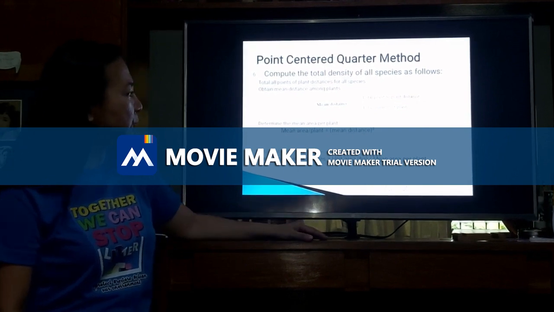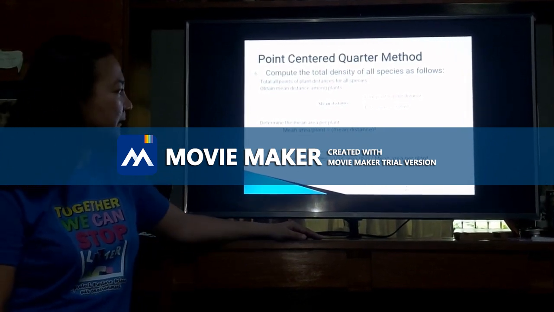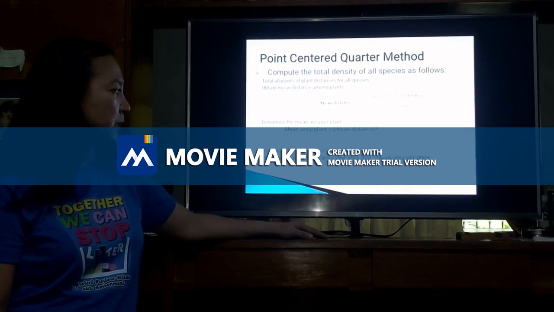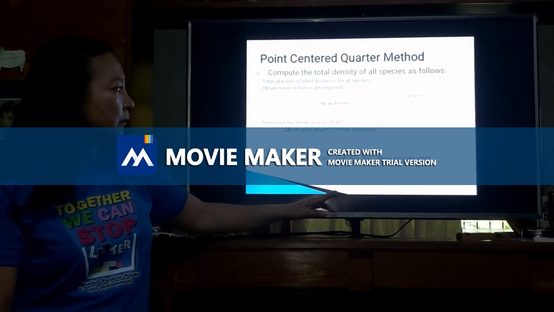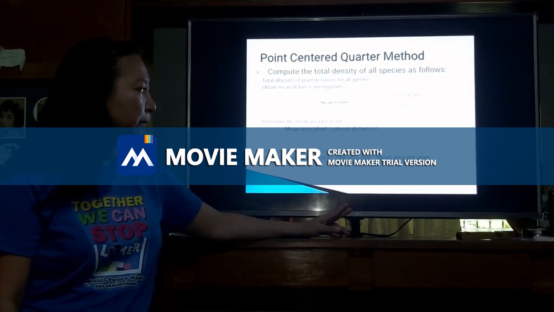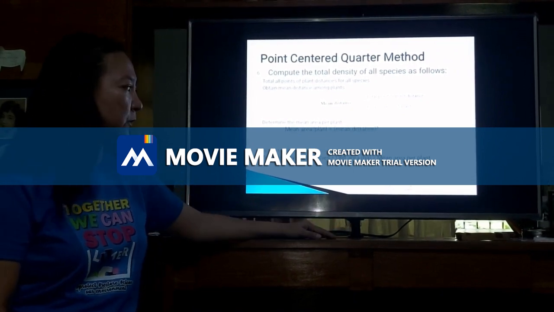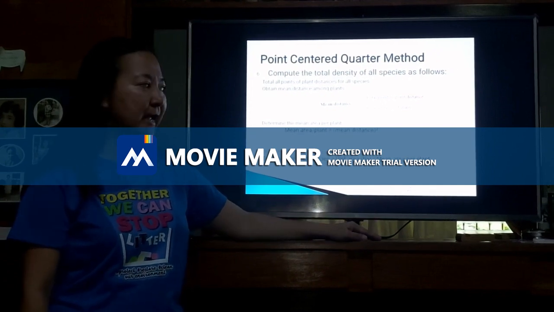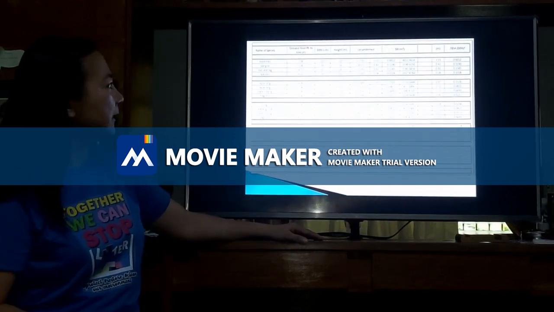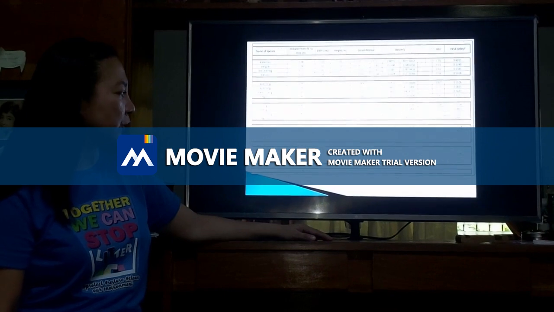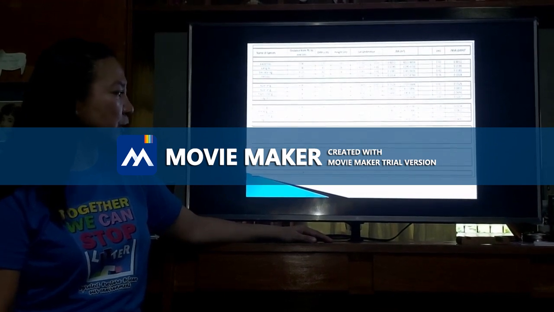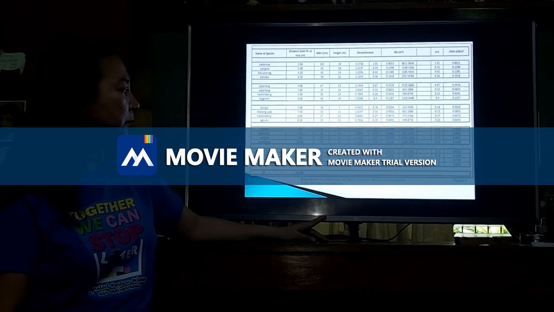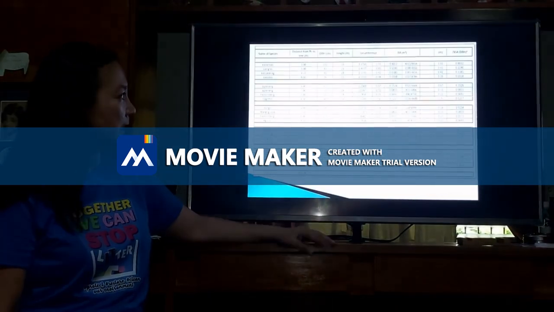We also determined the mean area per plant and the total density of all species, which is the unit area per hectare or 10,000 square meters divided by the mean area per plant. And here is the tabulation of the computation for the mean distance, mean area per plant, and the total density of all species.